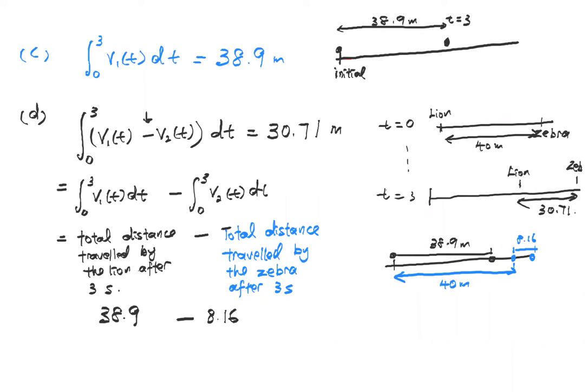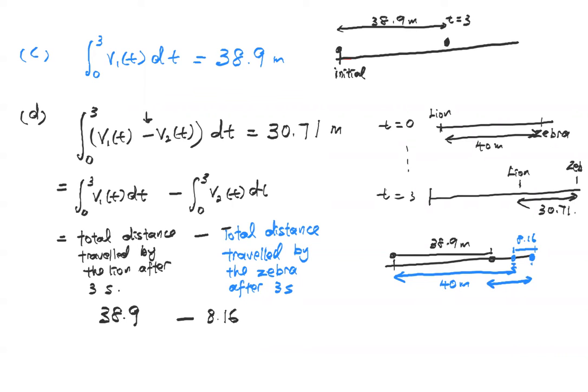This is the initial position. So this is the position of the zebra after 3 seconds. Am I right? So how far is the zebra away from the lion now? The lion is how many meters behind the zebra? Here. Yeah.